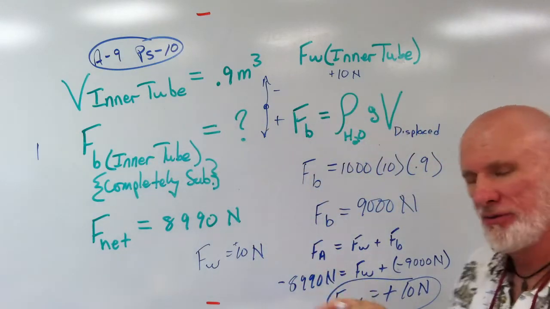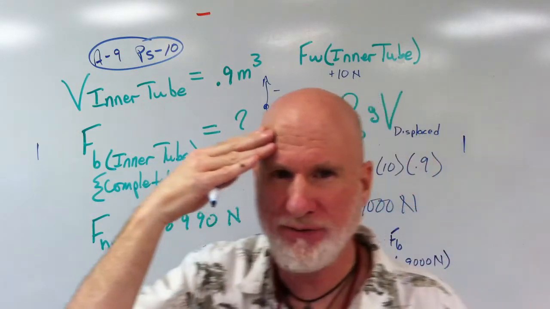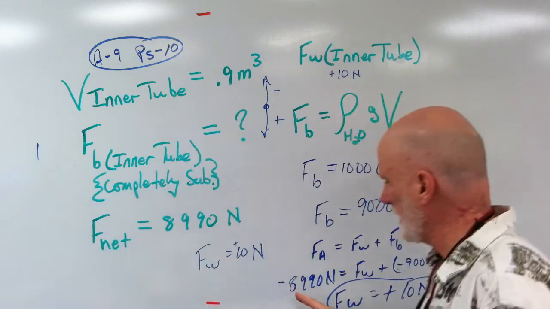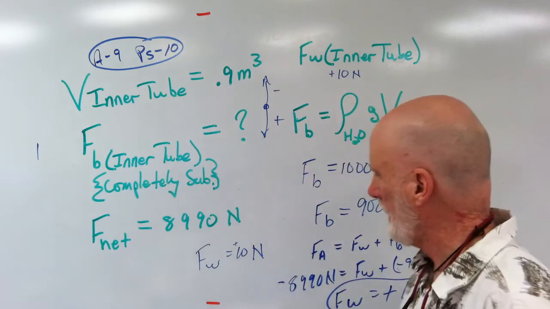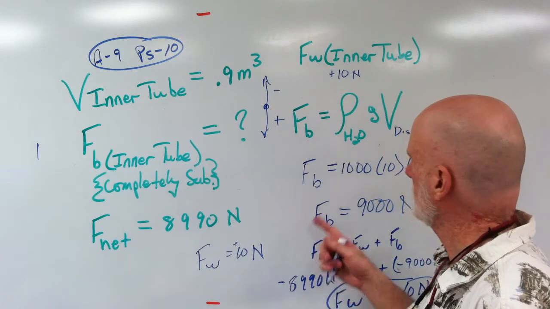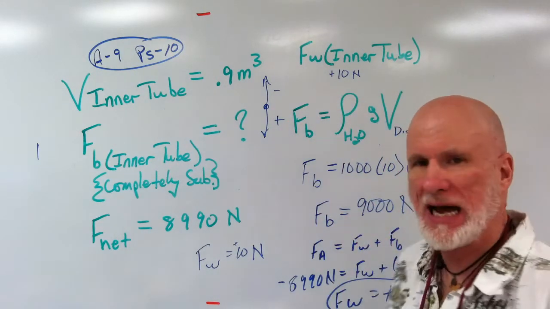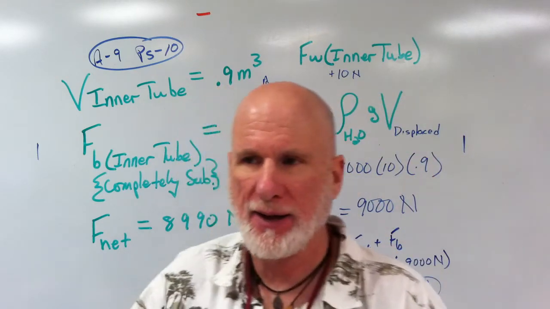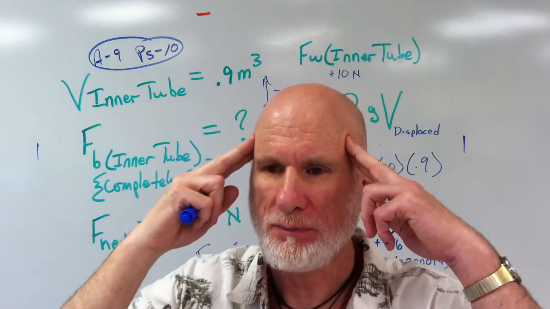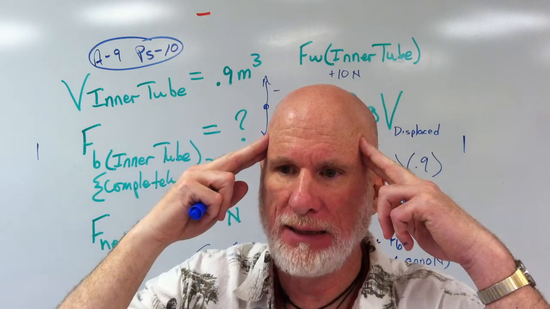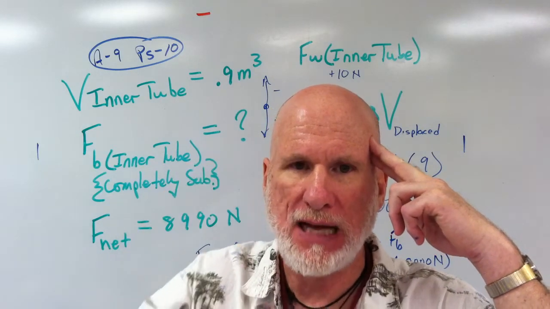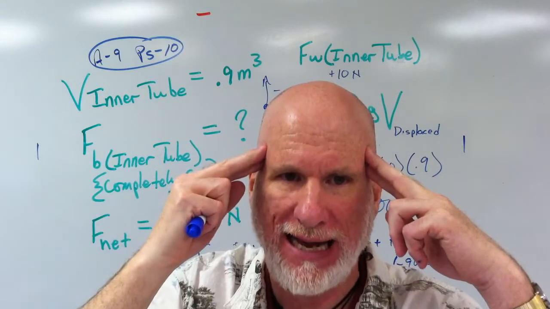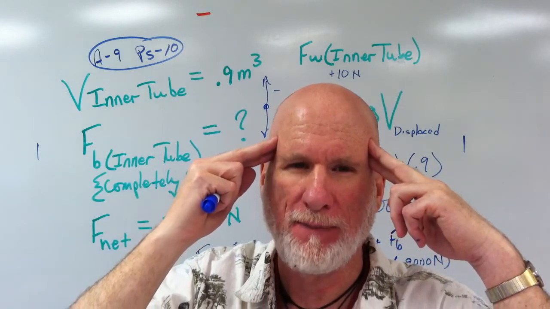The apparent force, it's actually a net force, is going to be negative 8,990. And what else? The buoyant force is 9,000 newtons. So think about it. I calculated the buoyant force to be 9,000 newtons. That's up, so it's negative 9,000. That's the buoyant force.